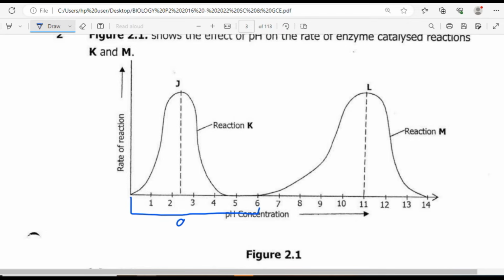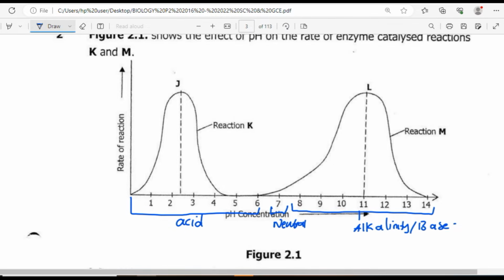Now, given the pH scale here, from 0 up to 6 we are going to have an acidic medium. Then 7 gives us neutral. According to science, this is neutral. Then above 7, going to this side, we have alkalinity, or basic, which is a base.